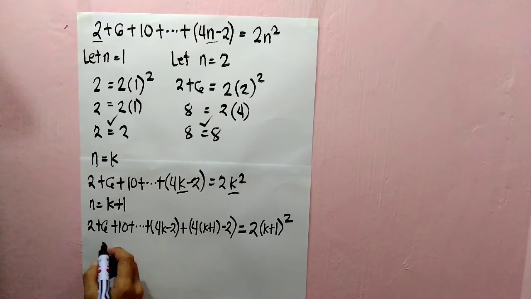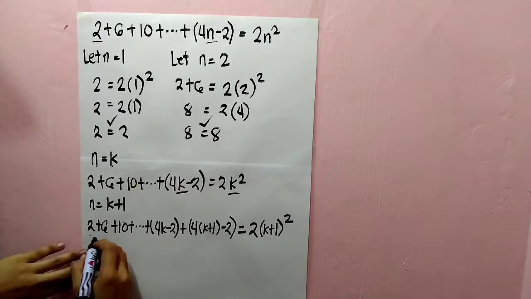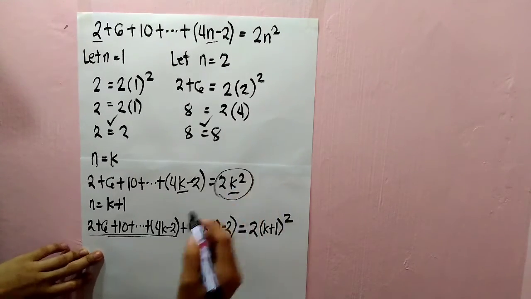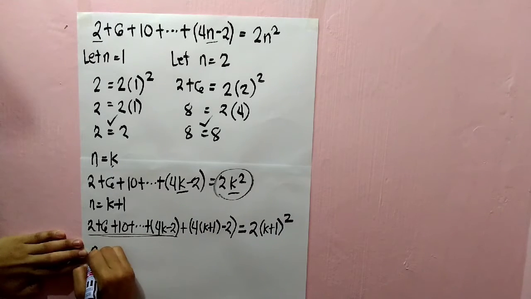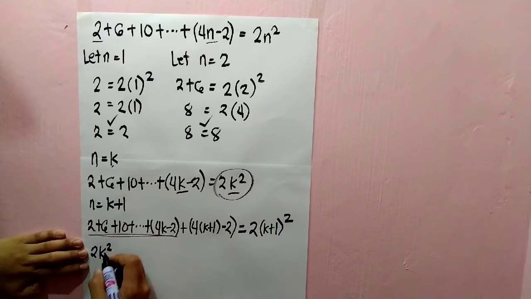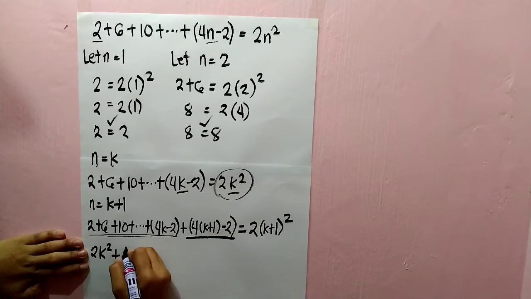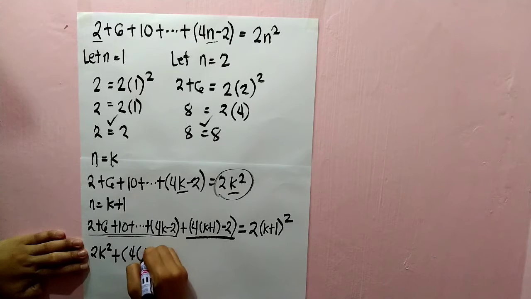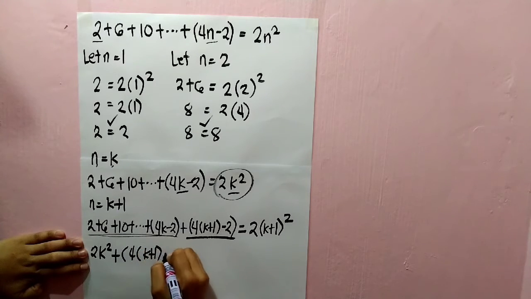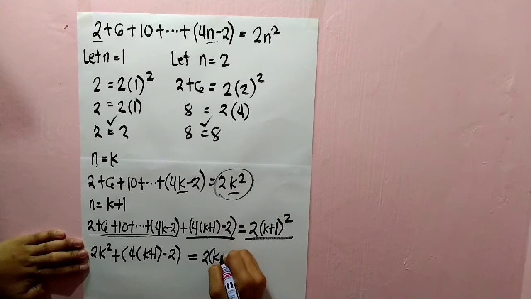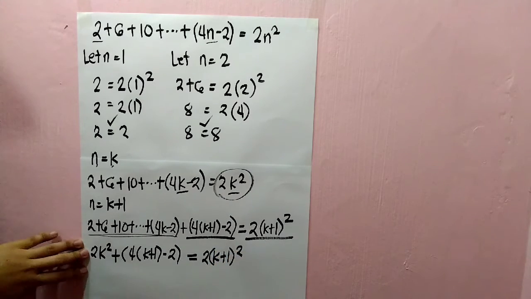So now we will replace this with 2k squared. So we have 2k squared plus 4(k plus 1) minus 2 is equal to 2(k plus 1) squared.